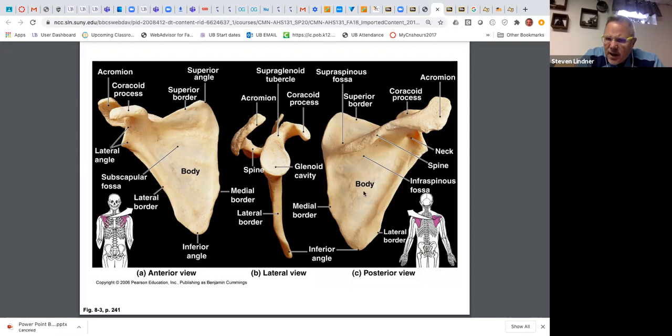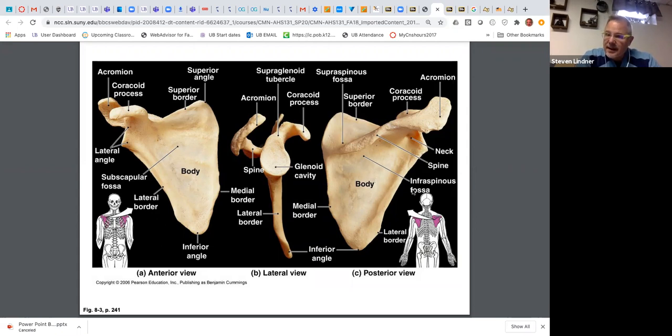These fossas are kind of important because when we do muscles, we will learn the rotator cuff muscles. And there are four rotator cuff muscles: supraspinatus, infraspinatus, teres minor, and subscapularis. Three of the four that I just mentioned are going to originate on these fossas. So the supraspinous fossa is where the supraspinatus muscle originates.